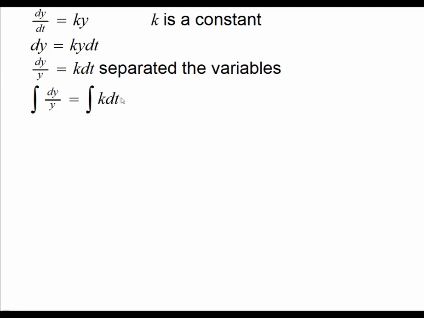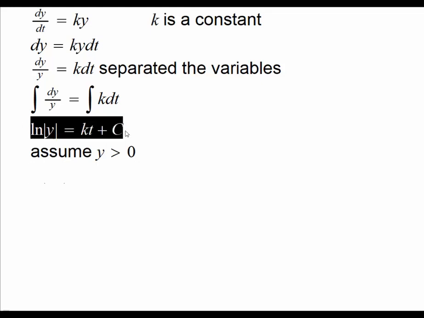When you take these antiderivatives, we have natural log of y equals kt, and then a constant of integration, c. Now we are talking about populations, so let's assume that in this example y is positive, or population is positive, so we won't need the absolute value.